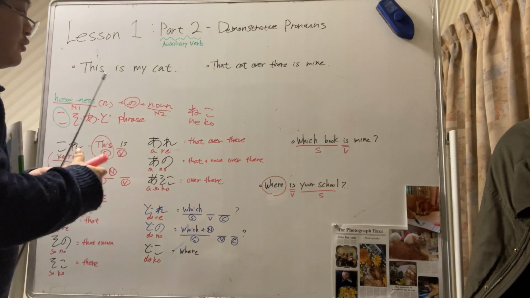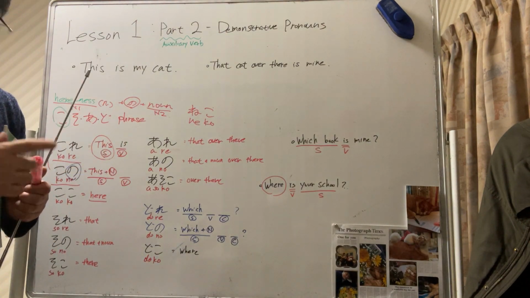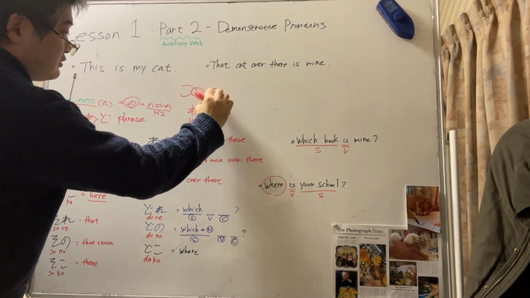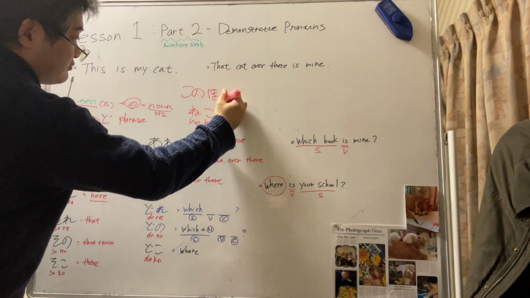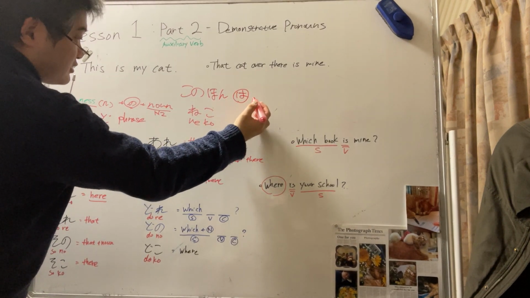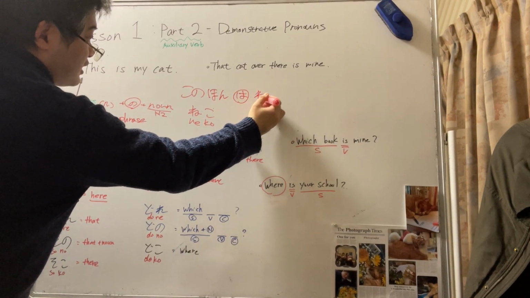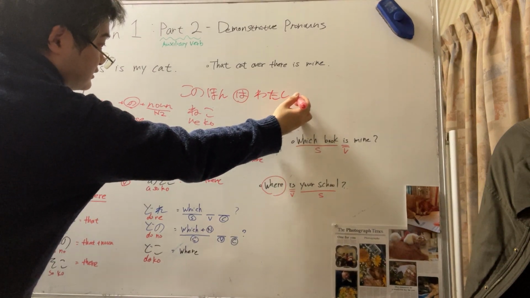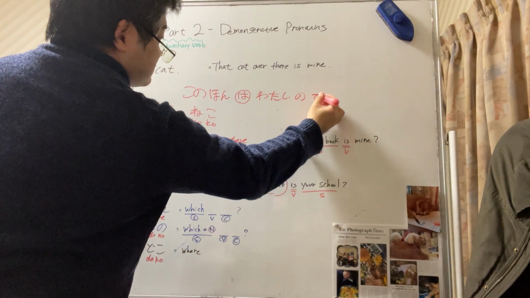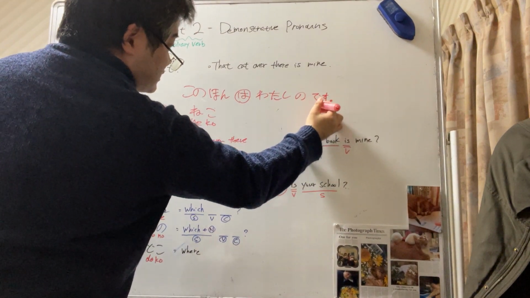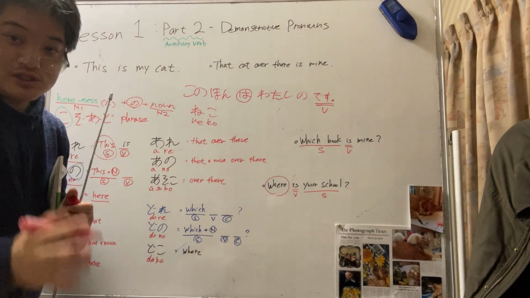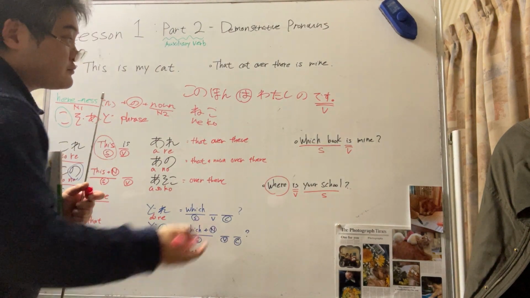So この本は, it's a subject. この本, and then the subject marker or topic marker comes here, and 私のです, because every Japanese sentence has to end with a verb.